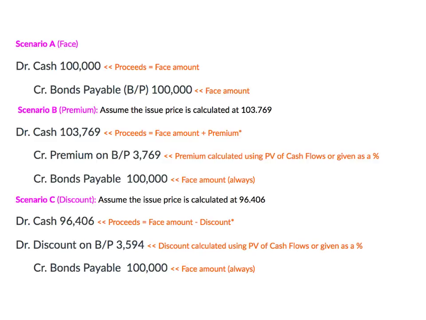As you might remember, the first one here, the scenario at face, means that there's no discount and no premium needed, because in this case we're saying that the contract rate is equal to the market rate. So the return in these bonds, if you might remember, the contract rate was 12% and the market rate was the same.